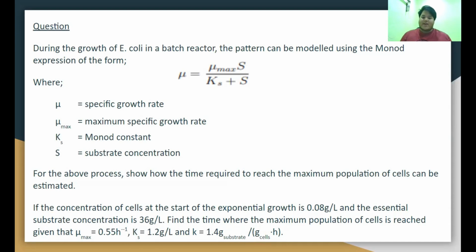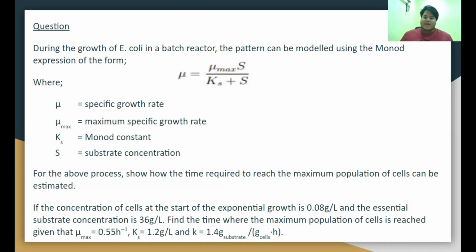Then the question gives us some information to substitute, which is X0, the start of the exponential growth, S0, the initial substrate concentration, and then they also give us mu max, Ks, and k.